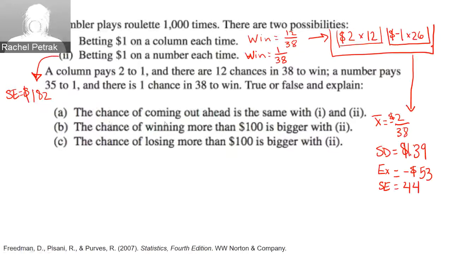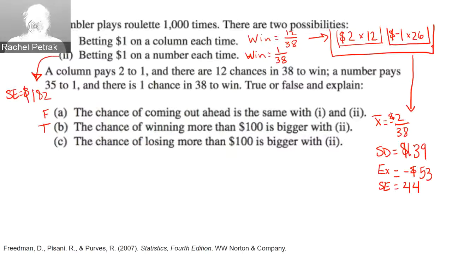So we can look at these here and see that the chance of coming out ahead is not the same with 1 and 2. Obviously, it's not. The chance of winning more than $100 is bigger with 2. Well, sure, of course it is, because 2 pays 35 to 1. So we really don't even need to know these other statistics to figure that one out.